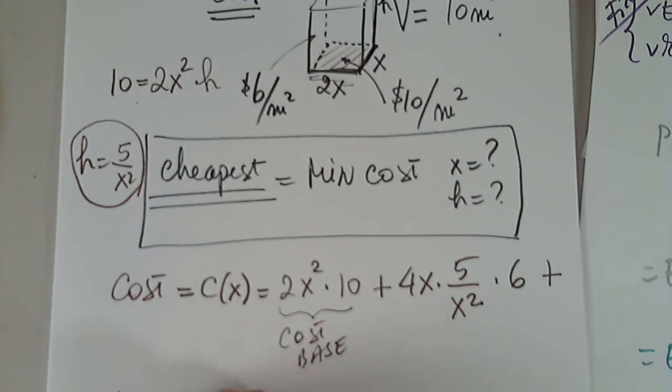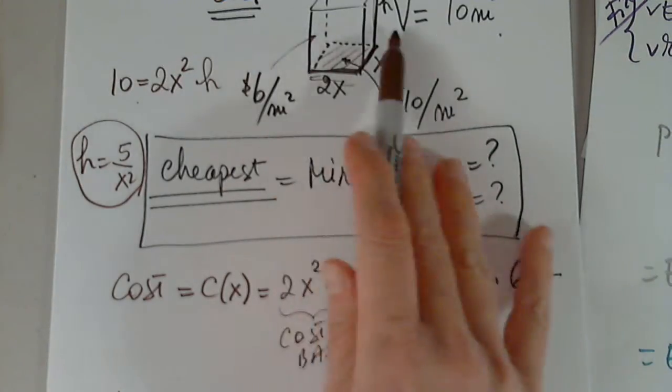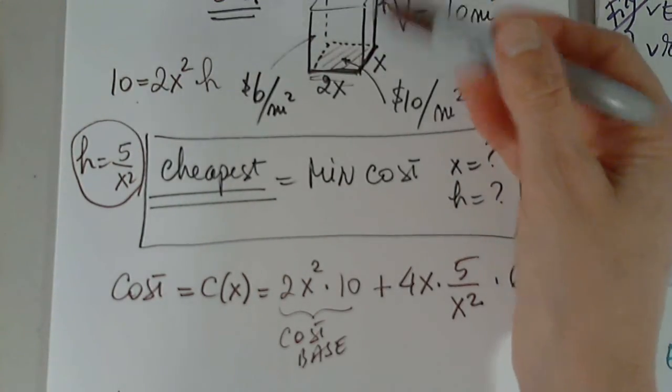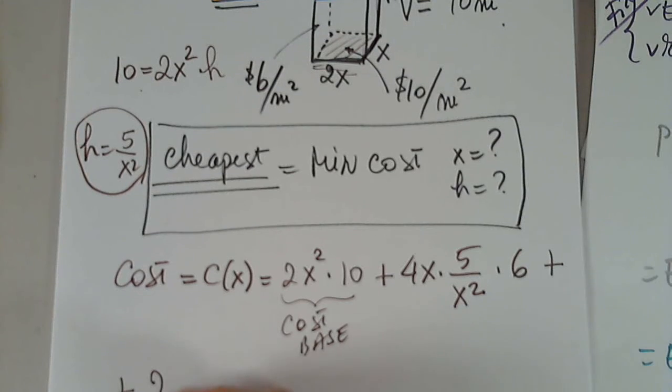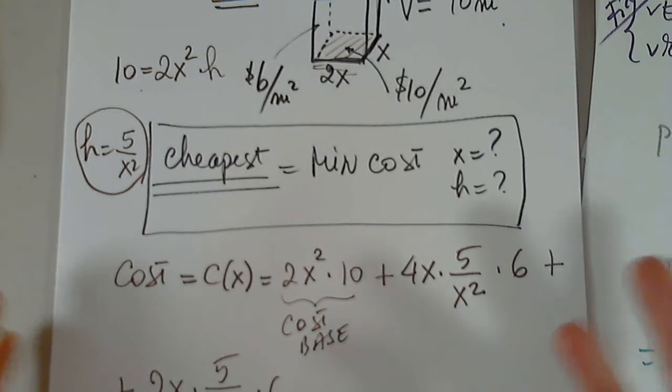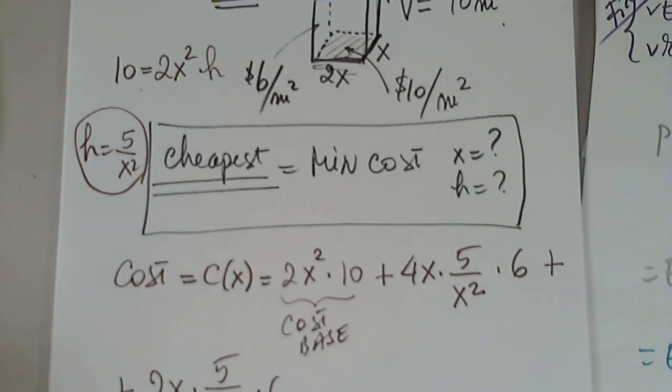Plus, we have two sides that are identical, x times h, but times 2. So it's 2x times the height, 5 over x squared, and also times 6, which is the cost per square meter for the side. This is the function. It looks awful right now, but we will simplify it as much as we can.